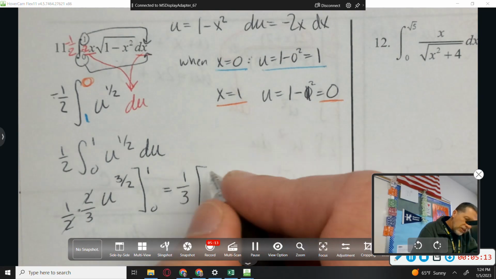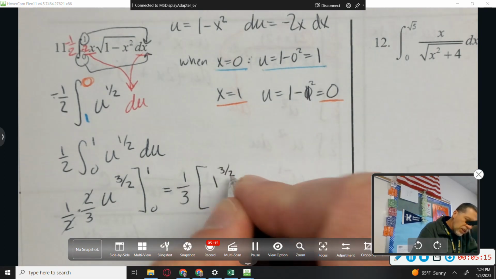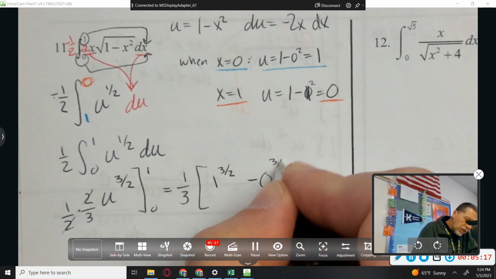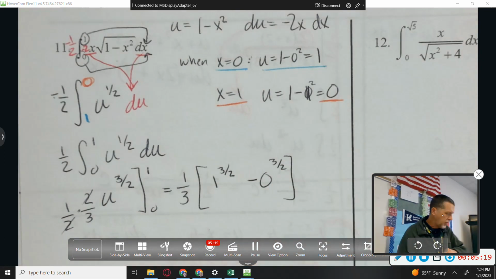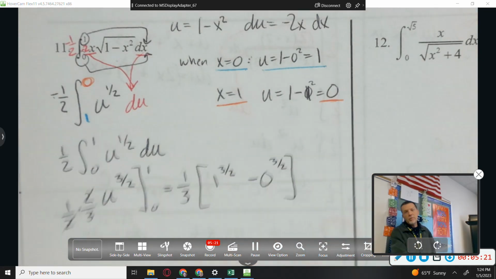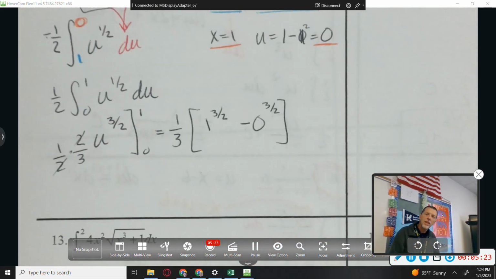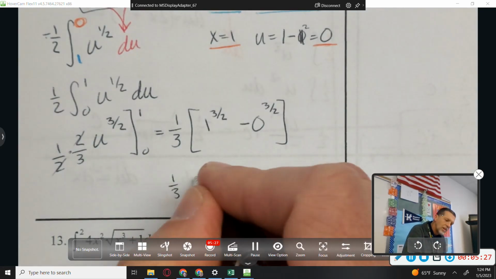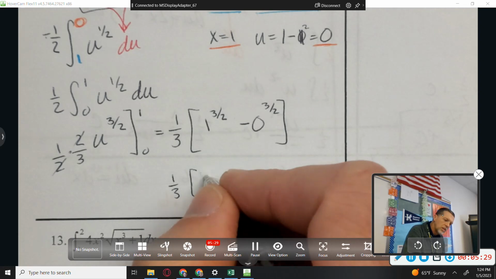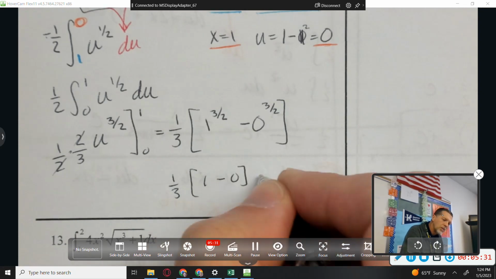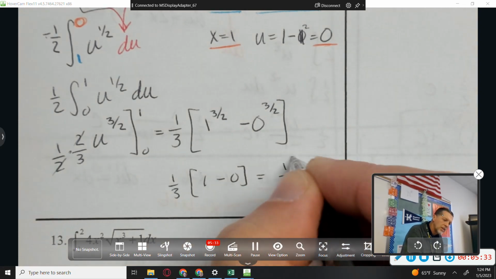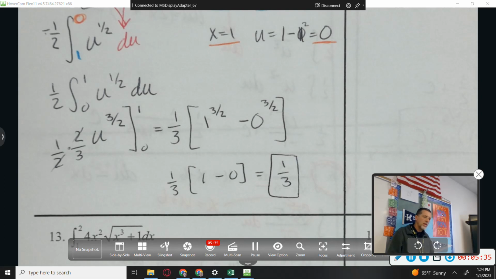So 1/3, 1 to the 3 halves minus 0 to the 3 halves. That would be a safe stop, but 1/3 times 1 minus 0 is 1/3.